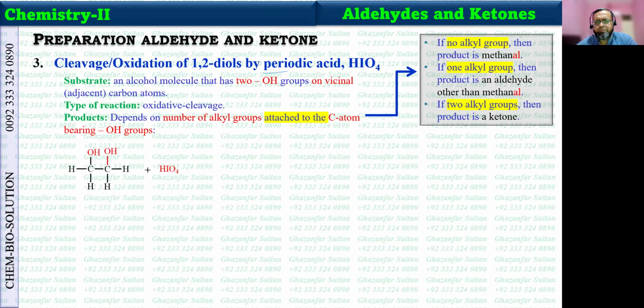Now see, in this molecule, there is no alkyl group. All of these are hydrogen atoms. So what happens when periodic acid reacts?